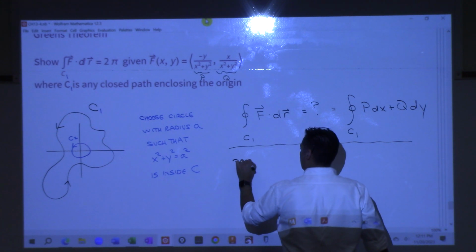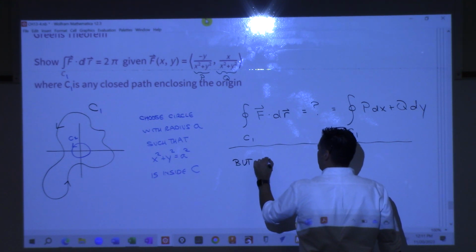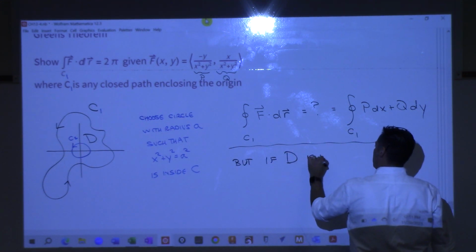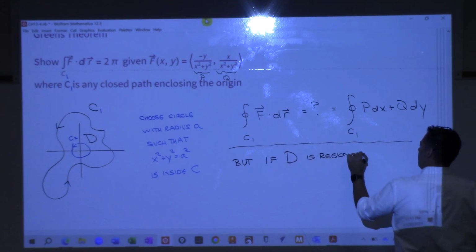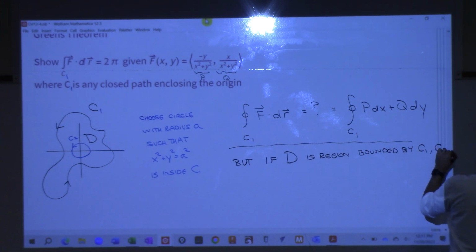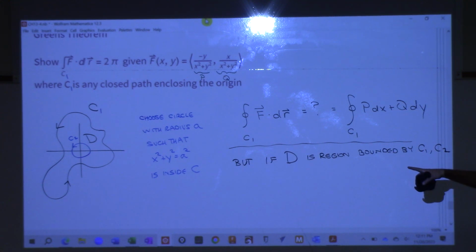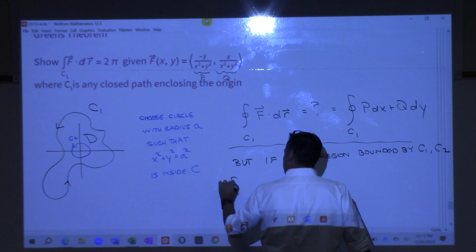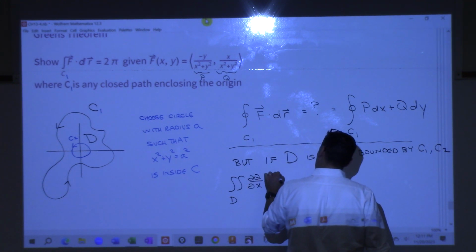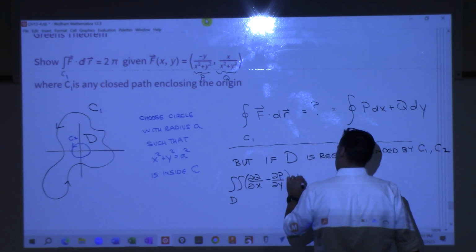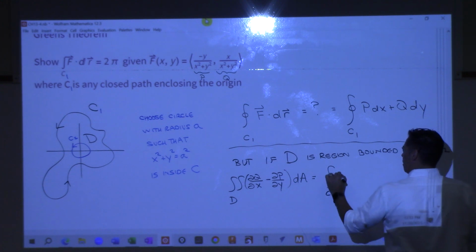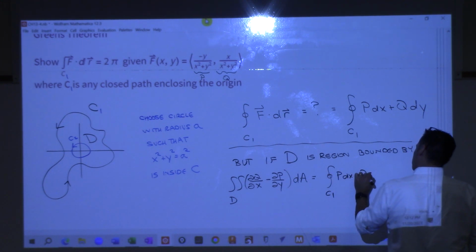But if D is the region bounded by C1 and C2, as shown there, what we have is that the double integral over D of partial q with respect to x minus partial p with respect to y dA must be equal to the line integral over C1 of p dx plus q dy.